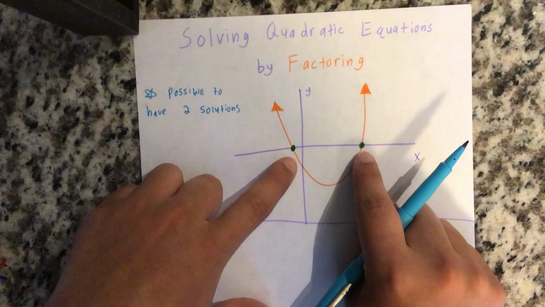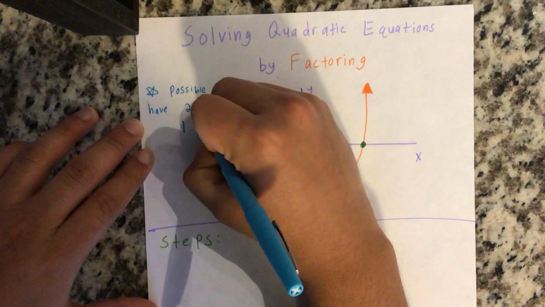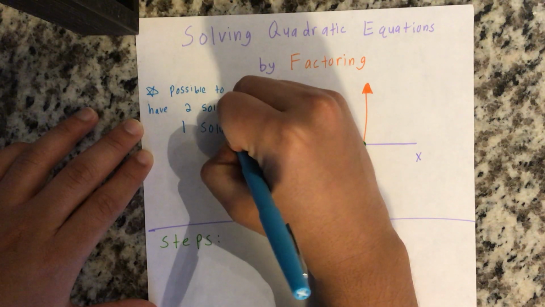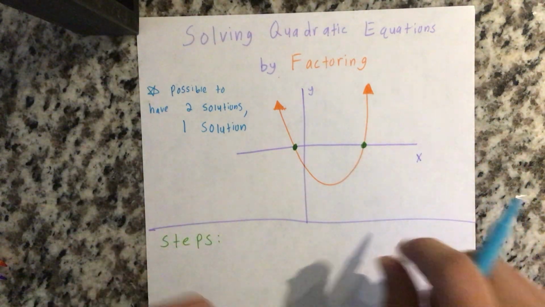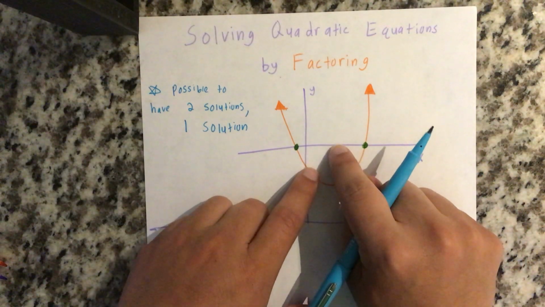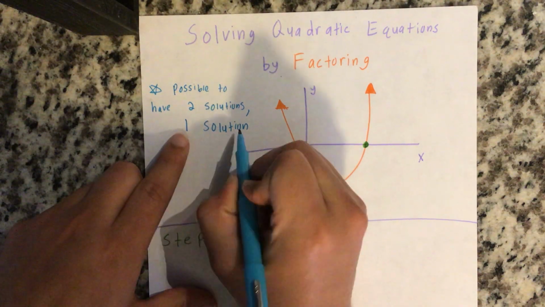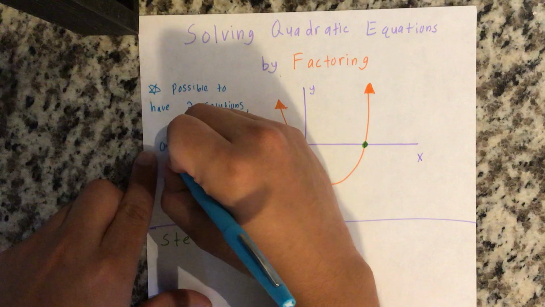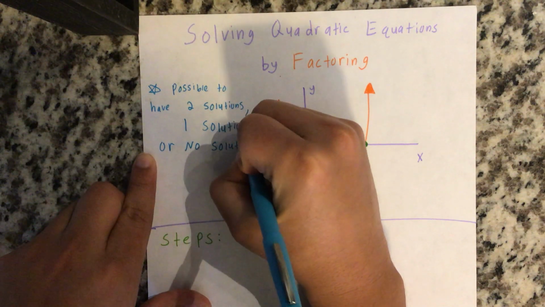It's possible to have one solution, where it could be a quadratic that only touches the x-axis once. So it's possible to have two solutions, one solution, or no solution, okay?